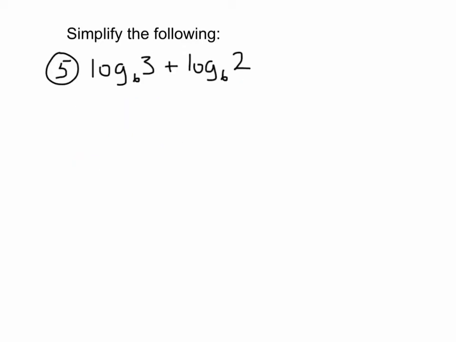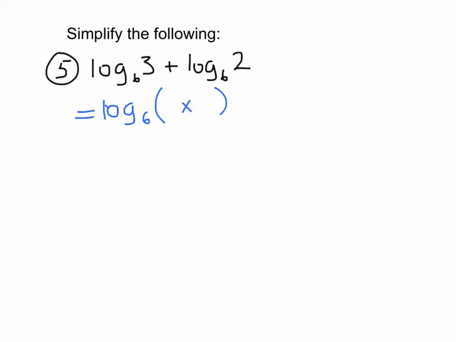This one relies on the first log law or the log law of multiplication. So what you can do is first of all notice that they have the same base, which means you can then apply the log rule. So what you have to do is write log to the base 6 of a large bracket, and because these are adding, you can basically turn that to a multiplier inside the bracket.